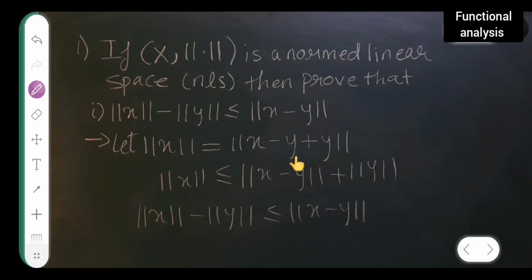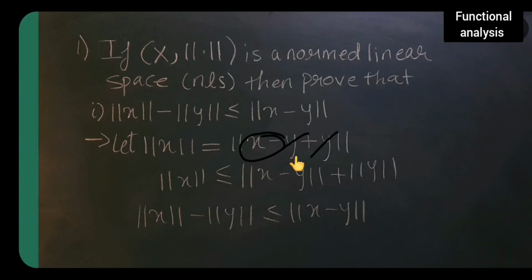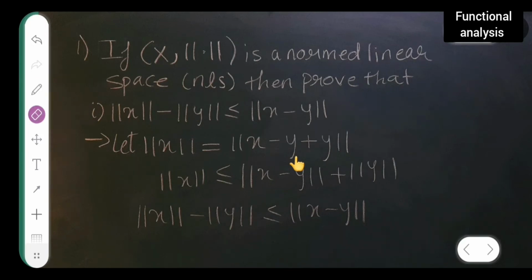If I write it in this way, automatically these two will get cancelled, and what will remain is only this part, right? So I'm writing this in this form. Now ||x|| is less than or equal to, I'm writing less than or equal to because I'm separating the norms now, ||x − y|| + ||y||.